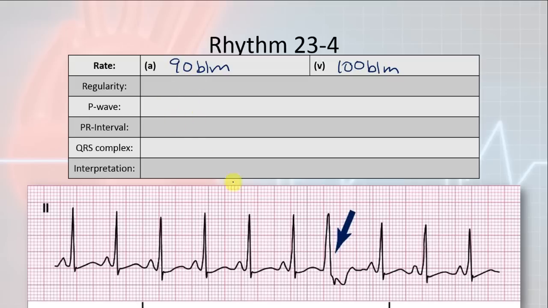Regular or irregular? Well, with this premature complex right here, it's going to be irregular. P waves are present and they are married. If you look at each one of the P waves, they occur before the QRS complex, except at this complex right here, which is the 1, 2, 3, 4, 5, 6, 7th complex.